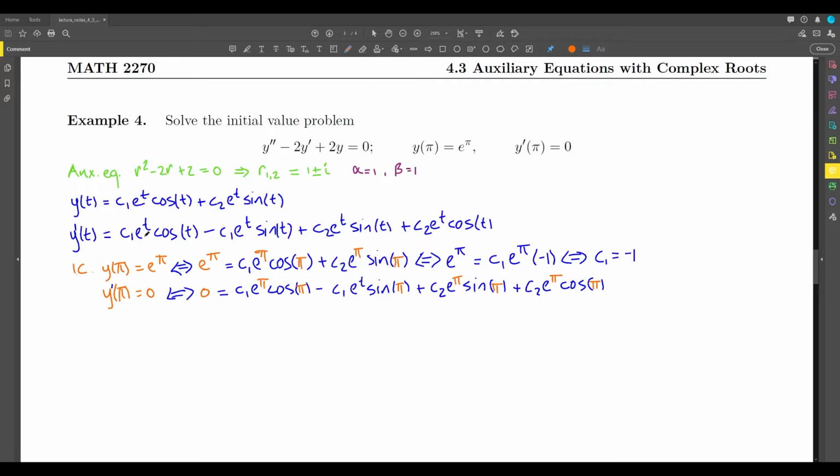So note I plugged in pi for t in this derivative here.